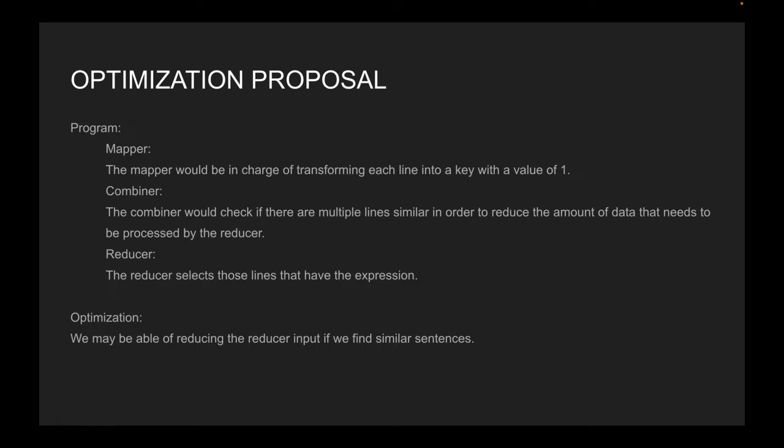Then what we want to do is to reduce the amount of data that we have to process with the reducer. So what we are going to do is to add a combiner just to verify if there are similar sentences. In case we do have similar sentences, we will combine these results. And in this way, we're going to reduce the amount of lines that the reducer has to compare.